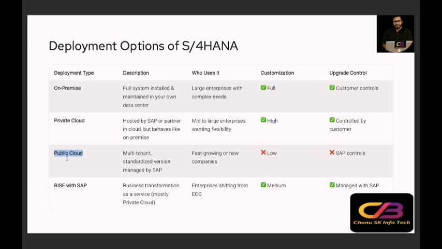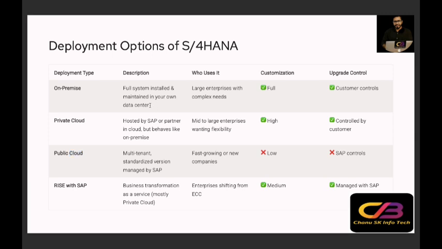So we need to purchase the SAP license, and the infrastructure and everything will be handled by SAP itself. Patches, upgrades, everything will be done by SAP itself. The database will be managed by SAP itself.